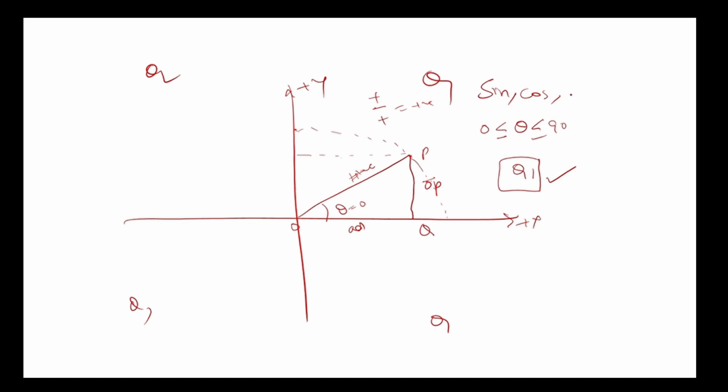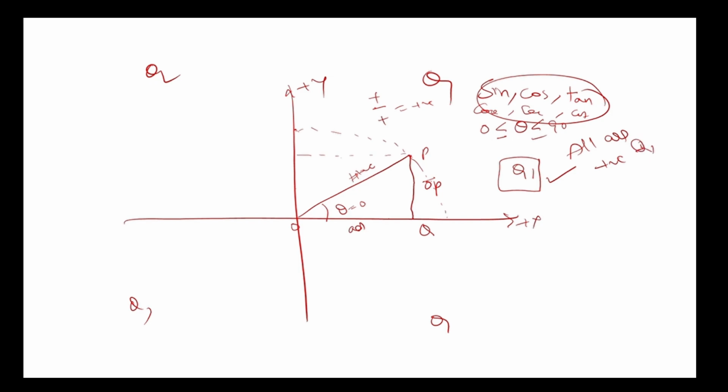Tan is opposite side by adjacent side, which is also positive. If these three main ratios, sine, cos, tan, are positive, obviously their reciprocals cosecant, secant, cot are also positive. So all are positive in quadrant 1.